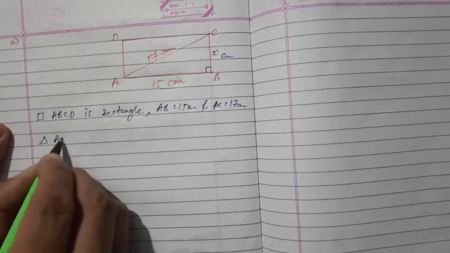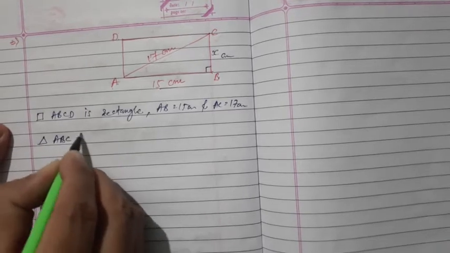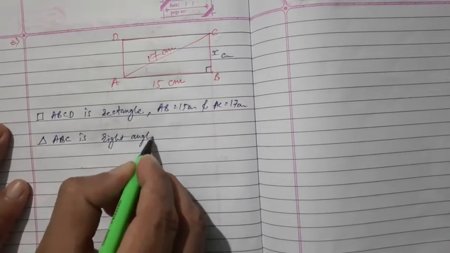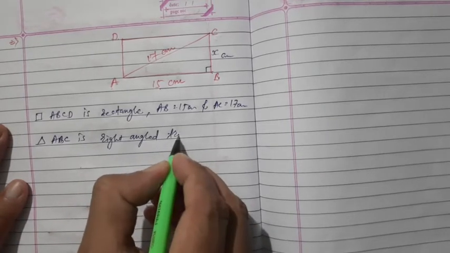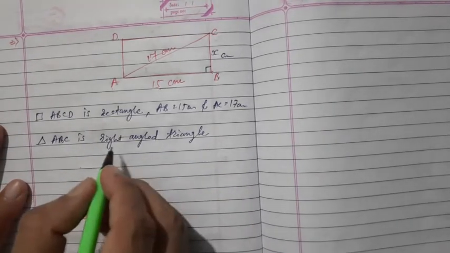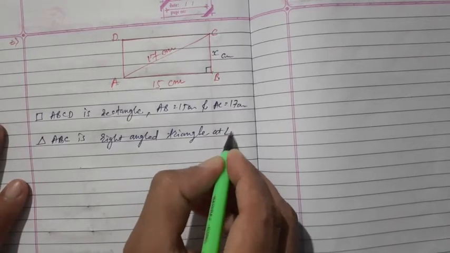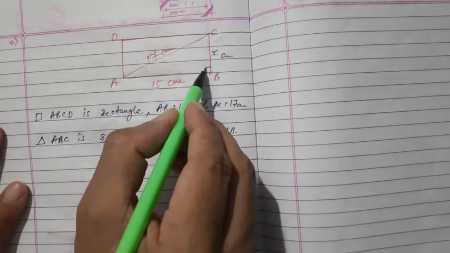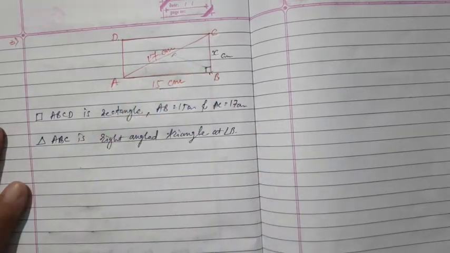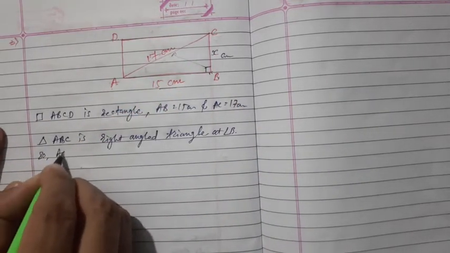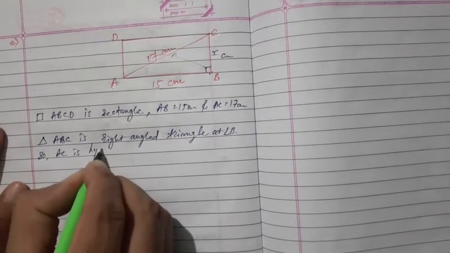Here triangle ABC is a right angle triangle, right angled at B. B is the right angle, so the opposite side of that, AC, is the hypotenuse.